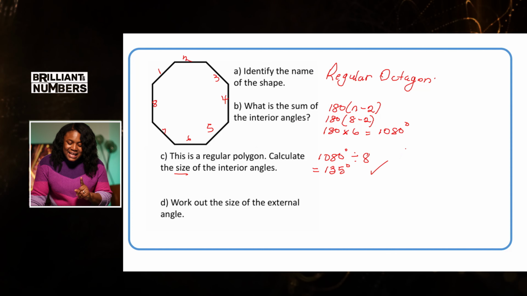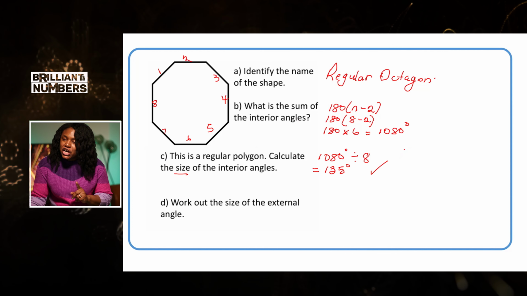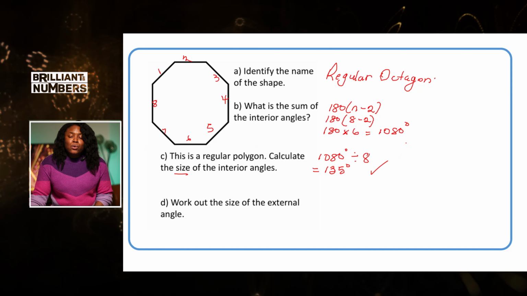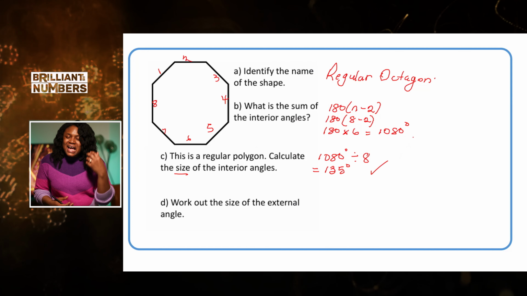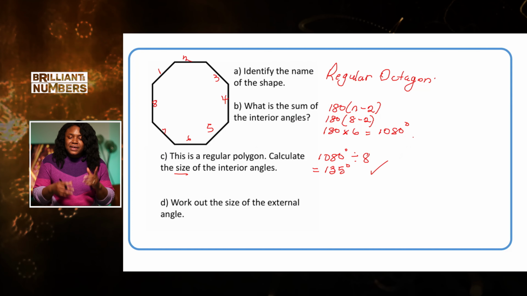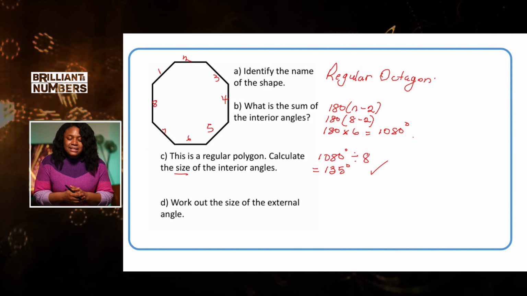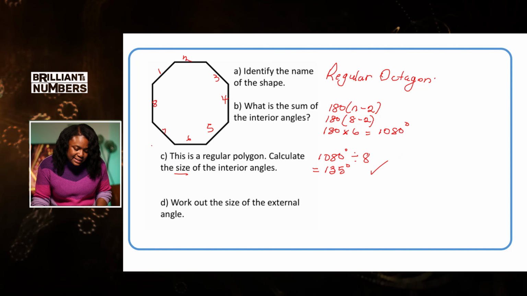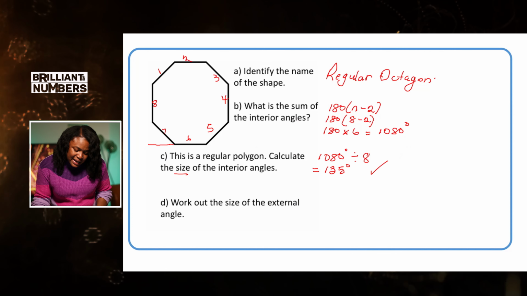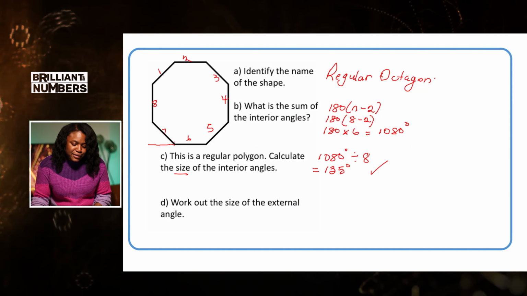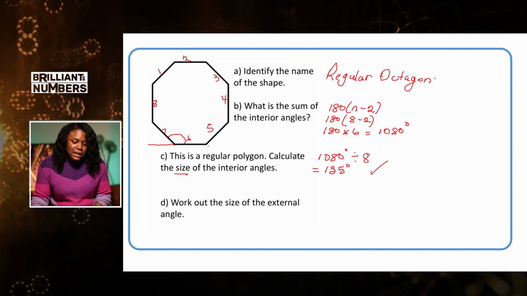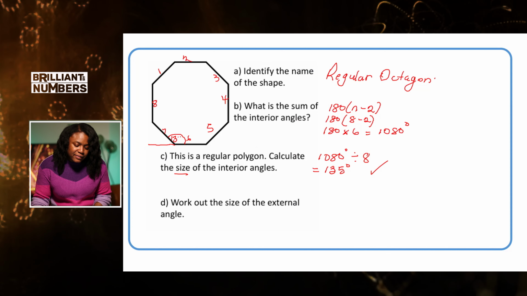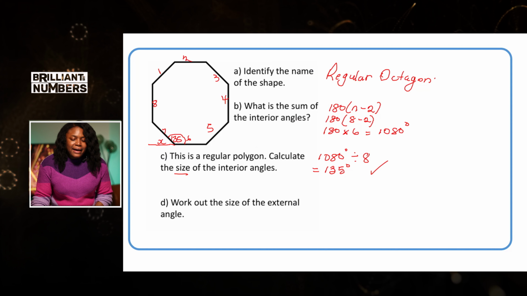Okay, connected question. Work out the size of the exterior angle. Now, we know the relationship between an interior and an exterior angle is that they add to 180 degrees. I'll just help you to visualize that here. If I extend my line to get an exterior angle, the angle inside of the shape we just found to be 135, we could just call that x.